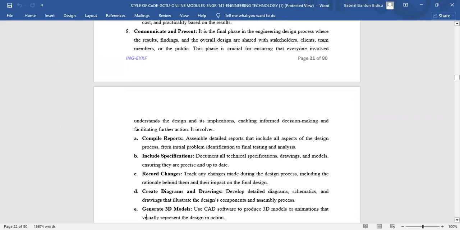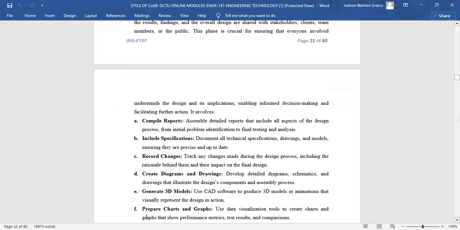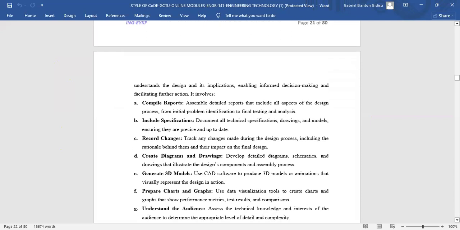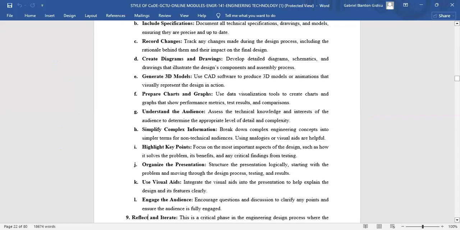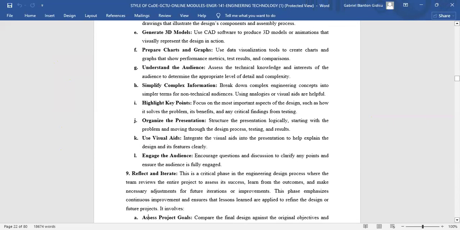Generate 3D models, like I said, using 3D printers. Then prepare charts and graphs. Understand the audience. Then reflect and iterate.